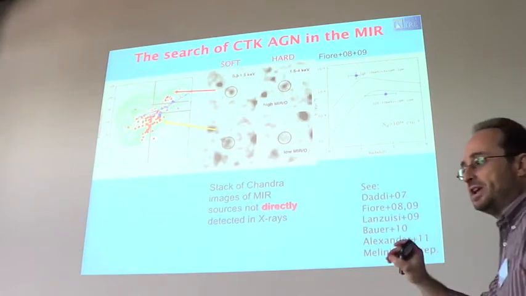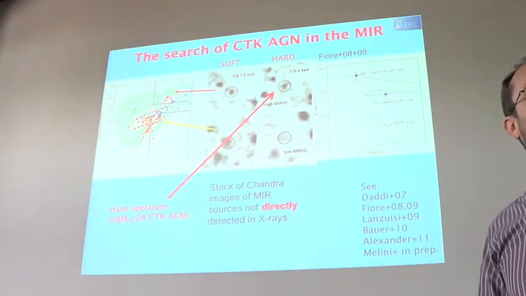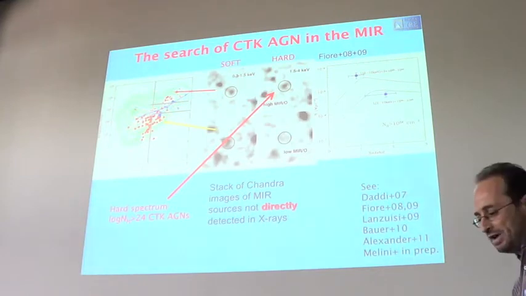You don't see a detection in the X-ray data, you just see nothing, but when you stack several objects, you start to see that those objects typically have a hard X-ray component much more intense than a control sample. So those objects, which are much redder, with much more hot dust, have a hard X-ray ratio that is typical of very obscured sources.